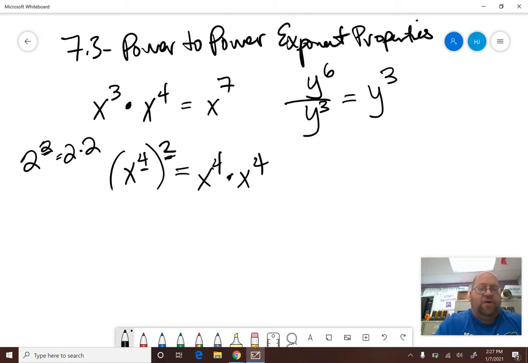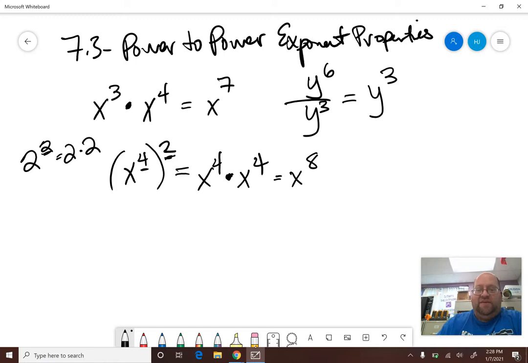Just like 2 squared would be 2 times 2, here I have x to the fourth squared. So that's really x to the fourth times x to the fourth. So what happens now? I go right back to the previous property that I'd already talked about, where when I multiply exponents, I actually add them. And so watch what ends up happening. This becomes x to the eighth.